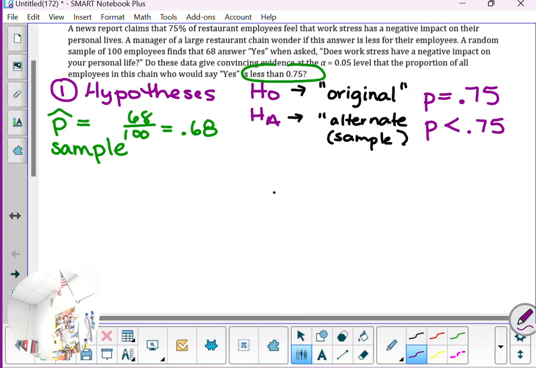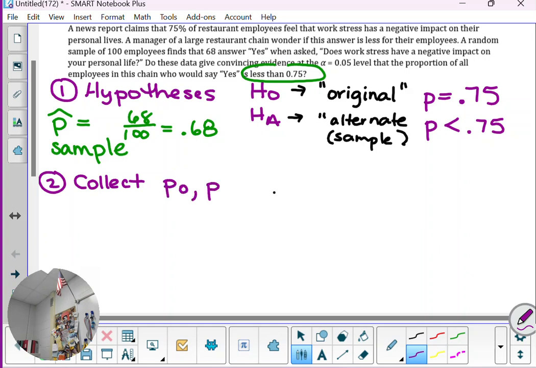All right, so number one, we've come up with our hypotheses. Number two, we collect everything we need for our original formula. We need P sub 0, P hat, and N values. Now, P sub 0 is just the original percent, or the original statistic. So we think the original, or believed, value is 75%.